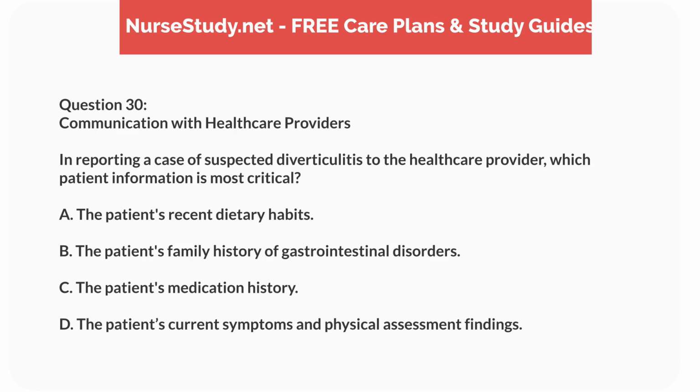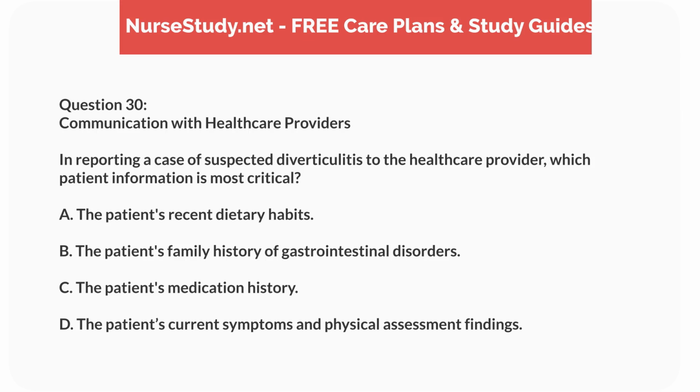Question 30. Communication with healthcare providers. In reporting a case of suspected diverticulitis to the healthcare provider, which patient information is most critical? A. The patient's recent dietary habits. B. The patient's family history of gastrointestinal disorders.